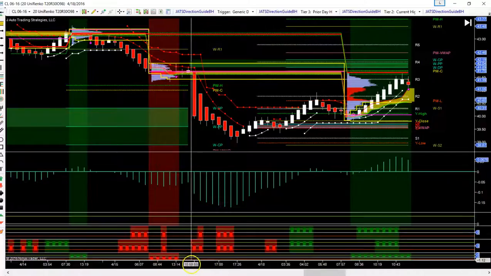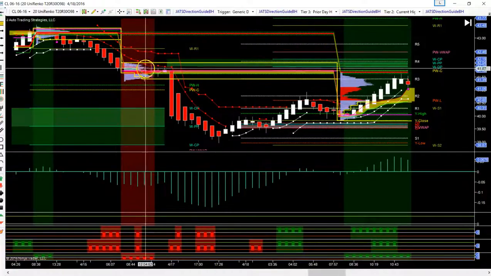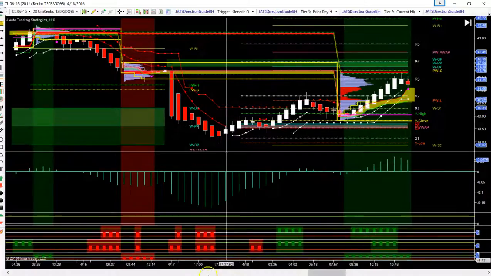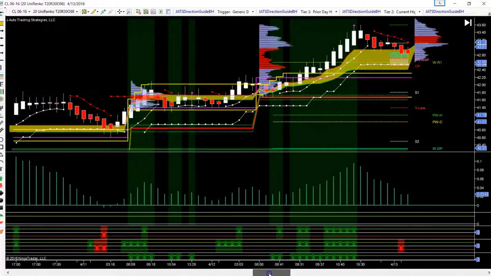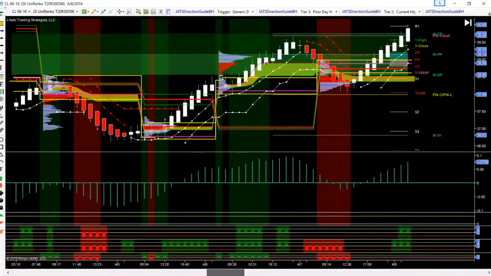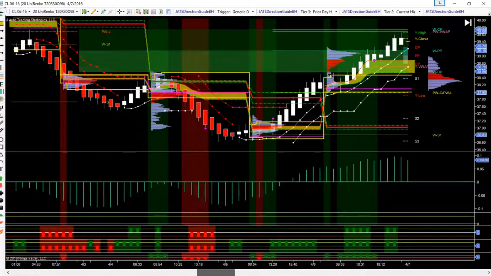Right here's one, so that you can continue with the volatility in that direction. Here's another one. So these are little gems.